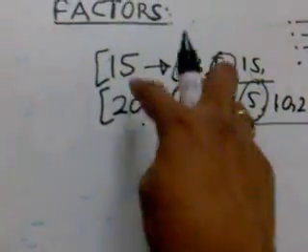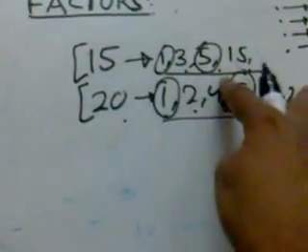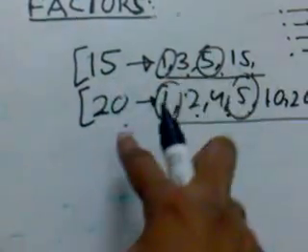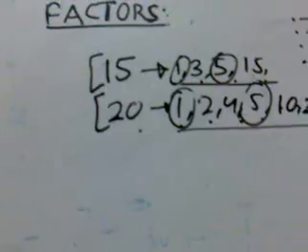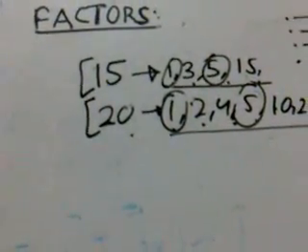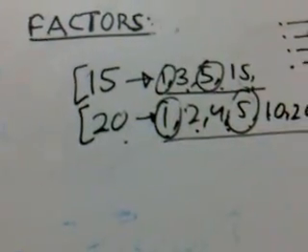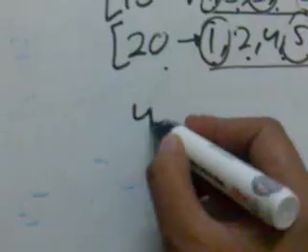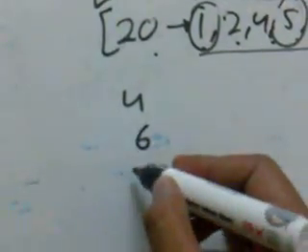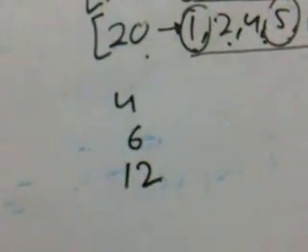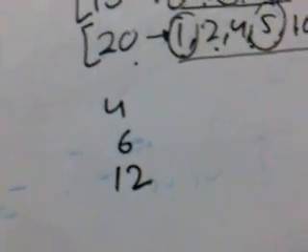So now we have seen what factors are: all the numbers which can divide the given number. And the highest common factor is the highest number among all the common factors. Like if we have 4, 6, and 12 and we have to get the highest common factor, I'm not going to show you the procedure.